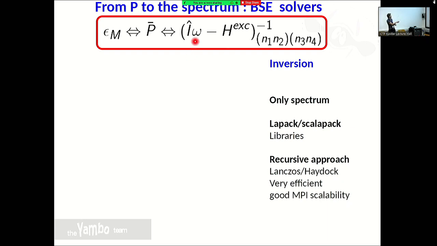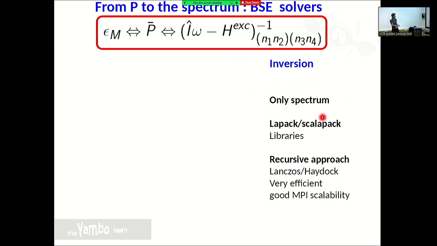Now, of course, the inversion is demanding because you have to do that for each frequency. One advantage is that in principle here you could also add easily a frequency-dependent kernel. We cannot do that yet, or at least we are not going to use it, but this is a scheme where you can invert frequency by frequency, and so you can include eventually dynamical kernels.